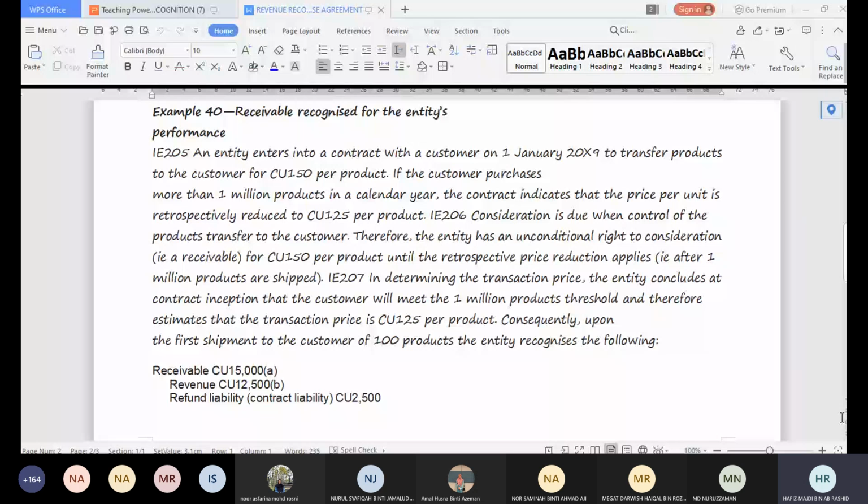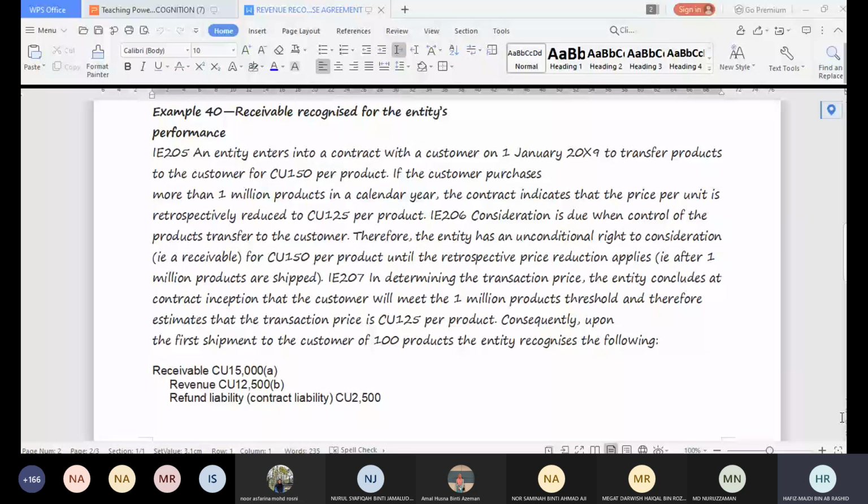However, due to their assumption that the customer will meet the threshold, they record their revenue only at 125. Because of that, the difference of 25 ringgit is recognized as a liability by the company, which is stated here as a refund liability.